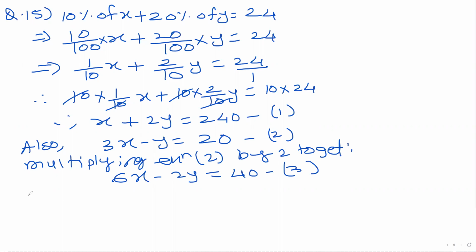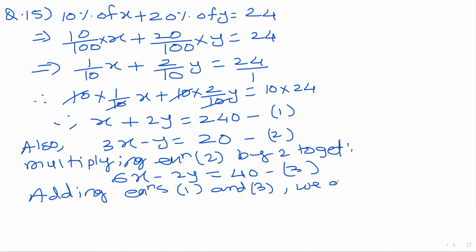Equation 3. And then adding equations 1 and 3, we get x plus 2y is equal to 240 plus 6x minus 2y is equal to 40.